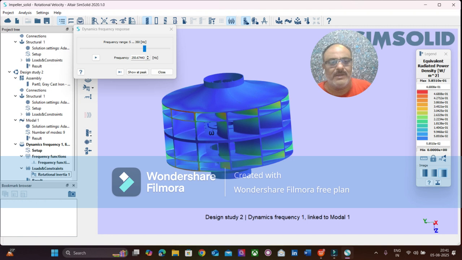Now let's get into the next simulation, and this is going to have a relevancy in the next simulation, that is called the random vibrations, because this power density, whatever we see here, will be the input data for the next random vibration simulation.